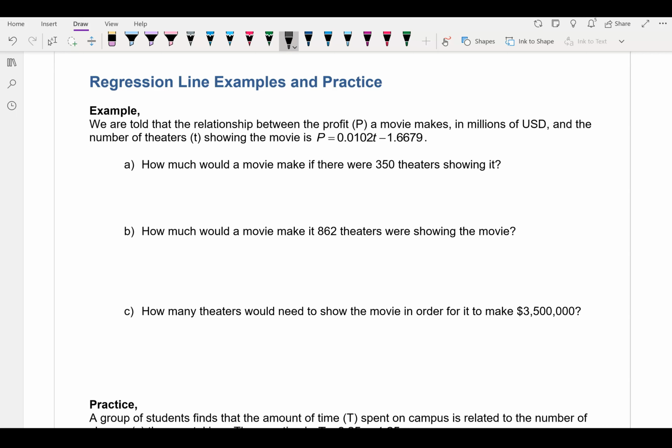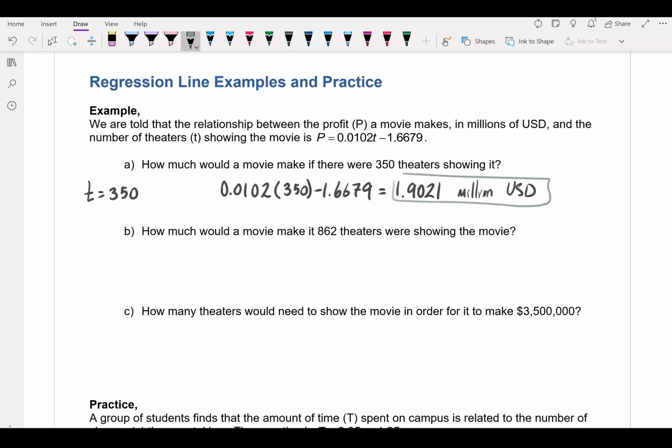So theaters here are T, so if T is 350 and Excel gave us that regression line, we would be able to figure this out quickly. You would take your values, put in your T, and figure out what the prediction is for 350 theaters showing the movie. And when I do this, I get 1.09021 million US dollars.